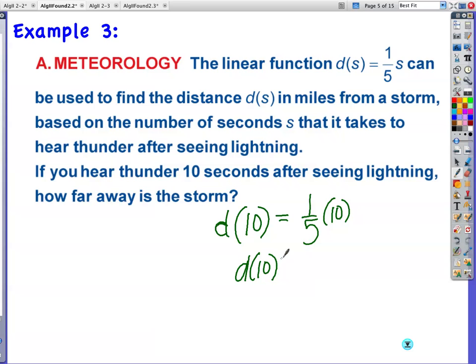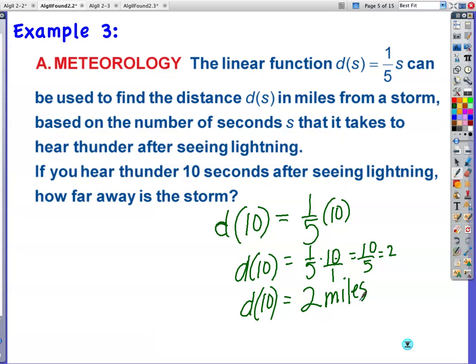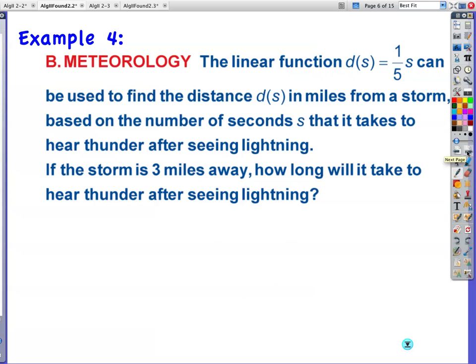So d of 10 equals 1/5 times 10, which is equal to 2, because it's the top times the top, bottom times the bottom, or you can say 10 divided by 5 is a whopping 2. So if you see the lightning and 10 seconds later you hear thunder, you know that we are looking at 2 miles until that storm gets to your place.